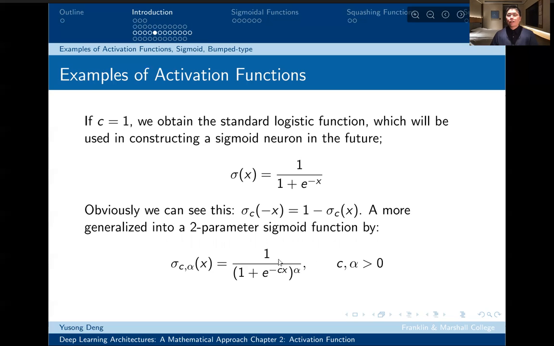This generalized sigmoid function will be more useful when we consider a neural network as a universal approximator of functions. So we will keep it here. You can just know that there are different kinds of sigmoid function, with one parameter, with two parameters, and a standard logistic function. That is definitely enough for now.